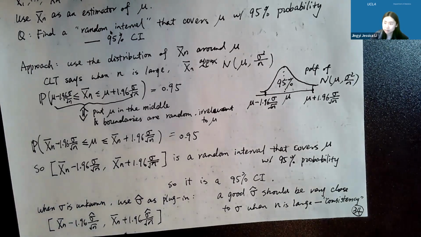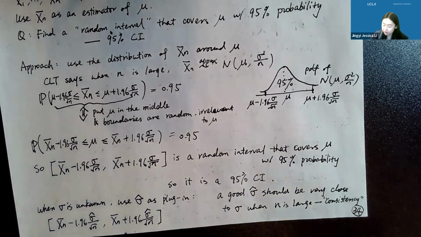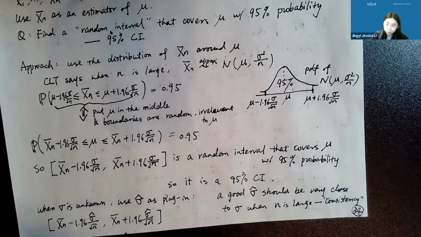I don't know if that makes sense. Because that one realization could miss mu, it could cover mu. You only have those two possibilities. That you don't know. What you can only say is that the way you construct the interval will give you a pretty good chance, 95% chance that the realization covers mu.